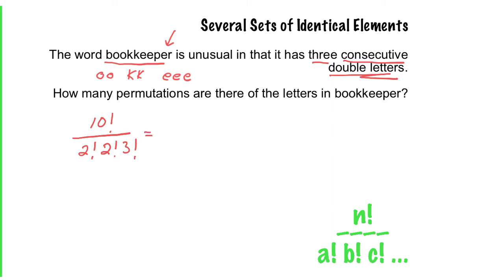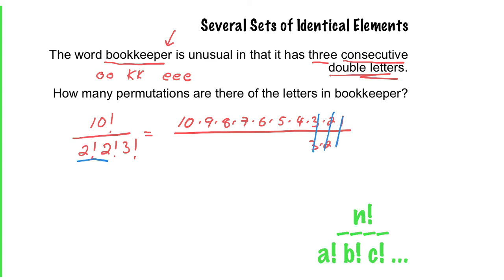A couple of different ways to do this, but just to illustrate, 10 factorial is 10, 9, 8, 7, 6, 5, 4, 3, 2, 1. 3 factorial is the 3, 2, 1. So those are going to cancel out. 2 factorial is 2, so 2 times 2 is 4.